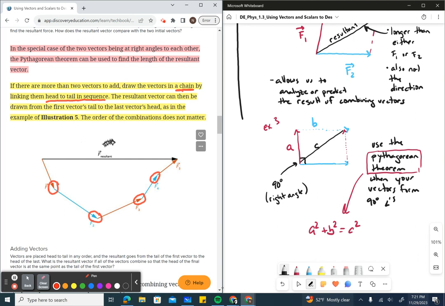This resultant is drawn from the first tail to the last head. And this is for when you have a sequence.